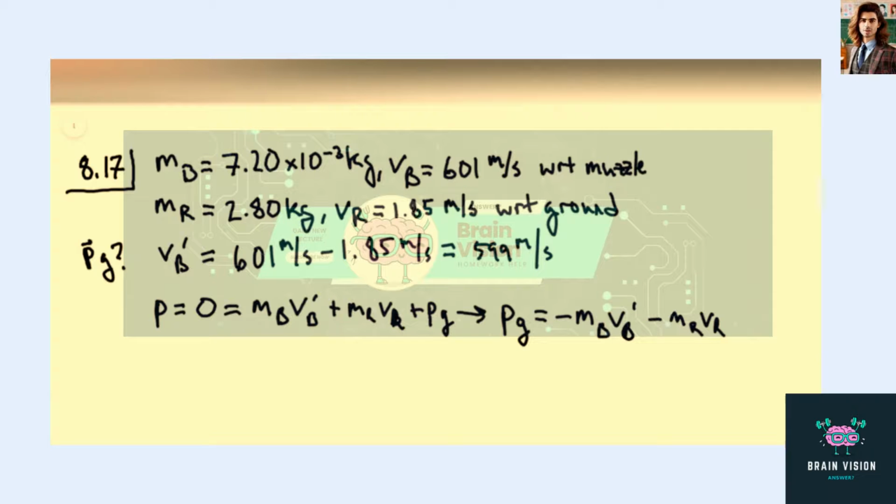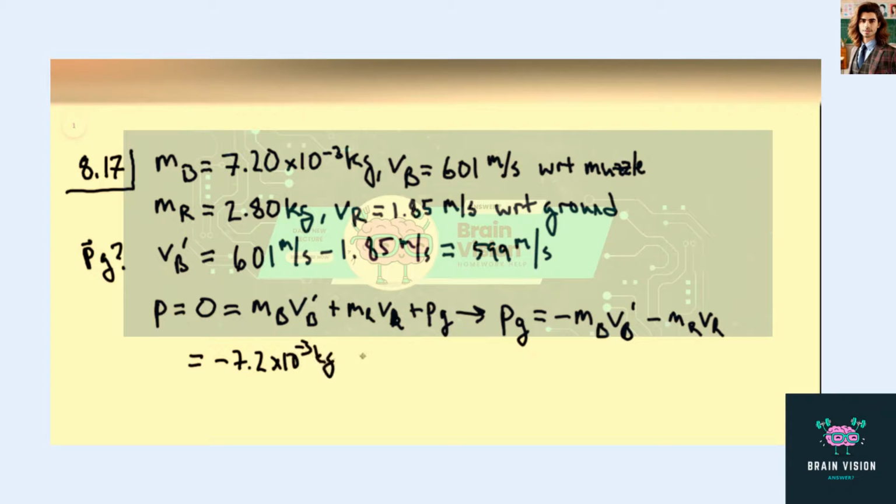And so putting all of that in, look at this, it is the negative because we have a negative sign here and this is positive. 7.2 grams times our 599 meters per second.